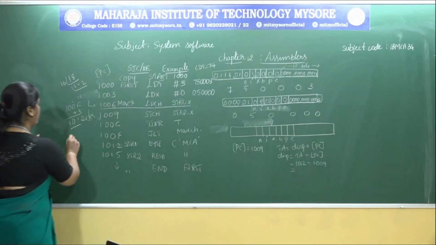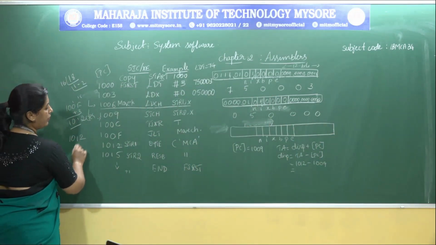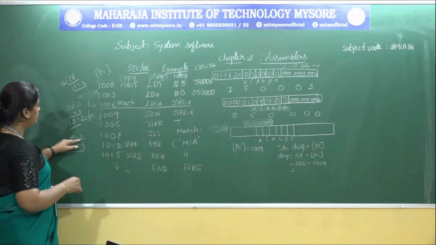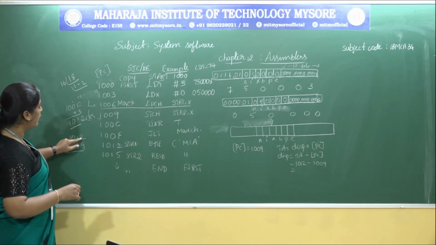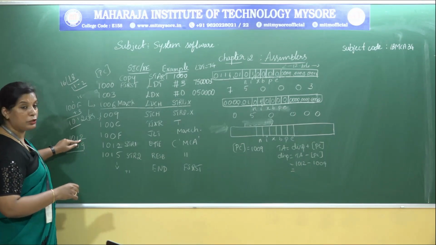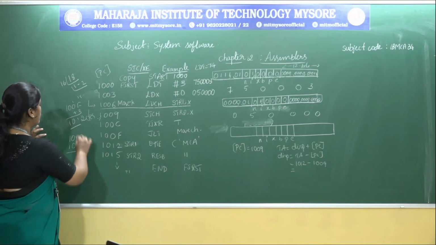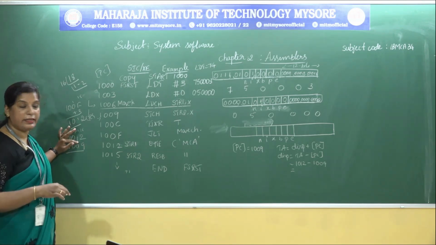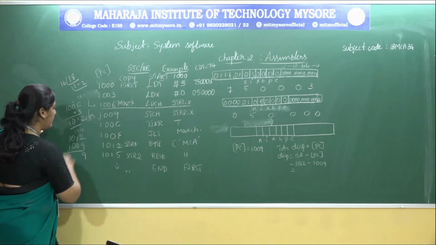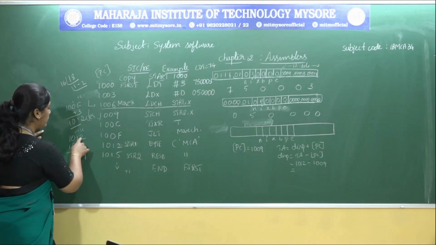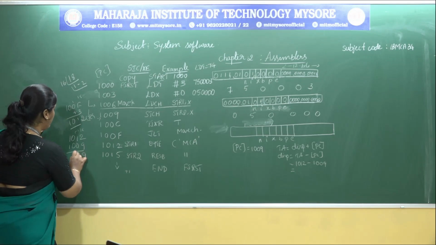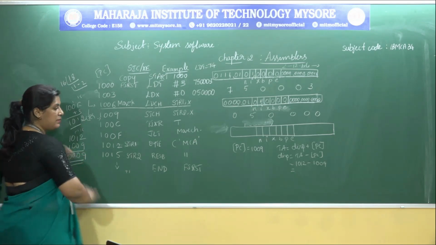If I subtract 1009 from 1012, the last digit is 2 and I cannot subtract 9 from 2 in hexadecimal, so I need to take a borrow: 16 plus 2 is 18, and 18 minus 9 is 9. The borrow value is 16 here. So 0, 0, 0. What is the displacement value?